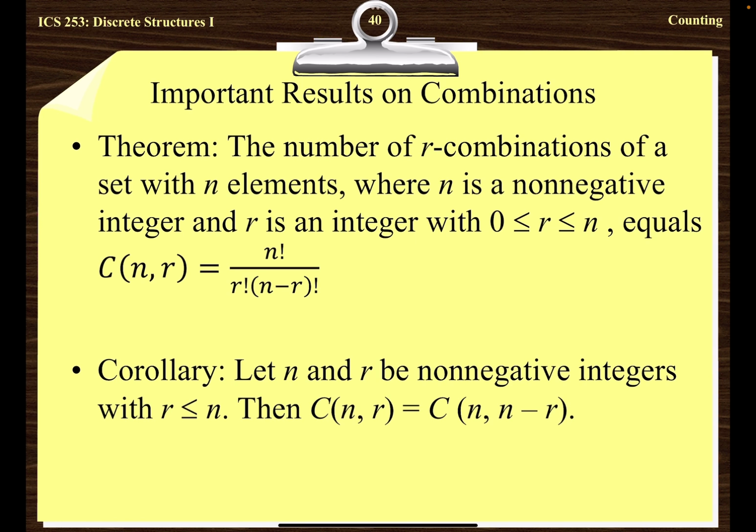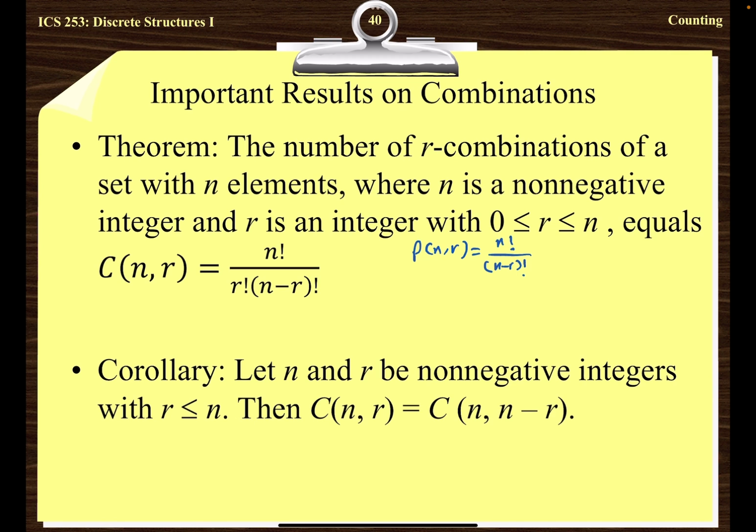What is P(n,r)? It is n factorial divided by (n minus r) factorial, right? But this number includes all arrangements of sets with how many elements?